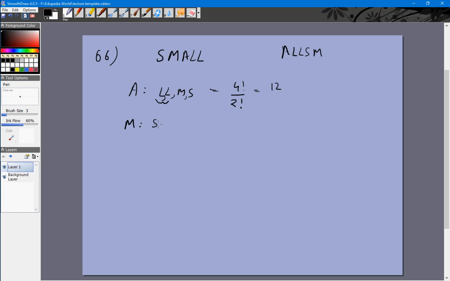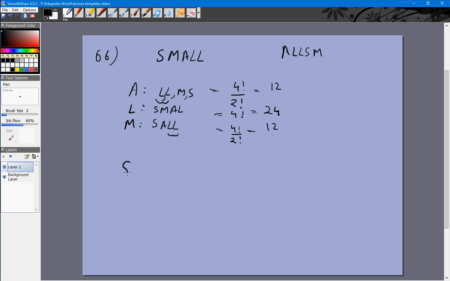What we are left with is S, M, A, L. Now these are 4 letters, but they're all different. So there are 4 factorial ways of that, which is 24. Then we have words beginning with M, that is S, A, L, L, which is again 4 factorial divided by 2 factorial, because we have 2 L's, which gives me 12.